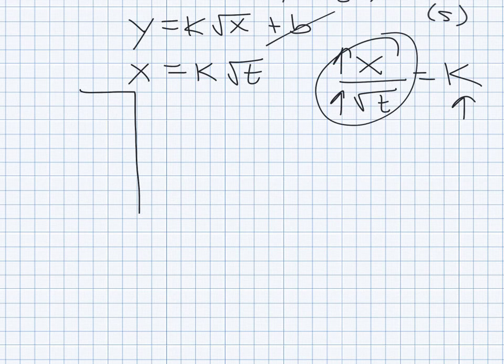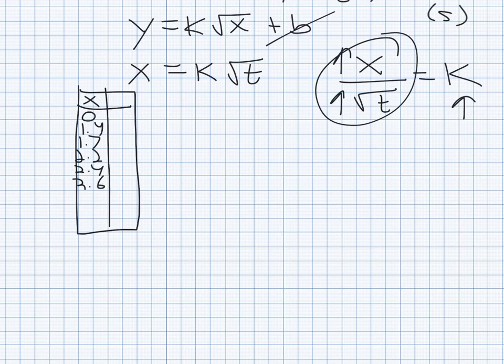Oh, excuse me. My new data table should be position. That's not changing. And my position values were 0, 1.4, 1.7, 2.2, 2.4, 2.6. But I have to graph it with the square root of time as my x-axis. Well, the square root of 0 is 0.